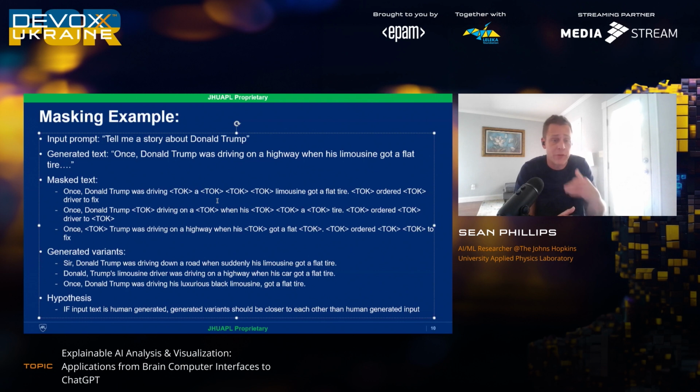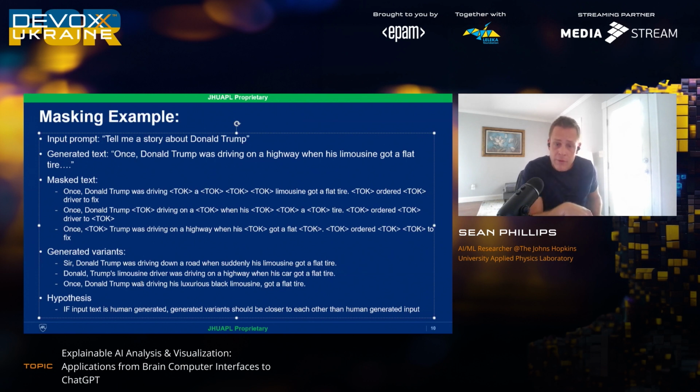Maybe you have a better algorithm for selecting those words, and if we have time, I want to talk about stuff like that at the end, because those things matter. But basically, you're going to generate a bunch of permutations. And then, of course, you ask ChatGPT, please fill in the blanks. So basically, ChatGPT is doing a Mad Lib, if anybody remembers those, fill in the blanks, that sort of thing.